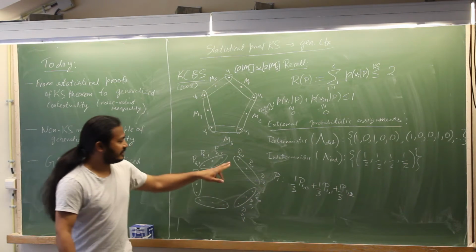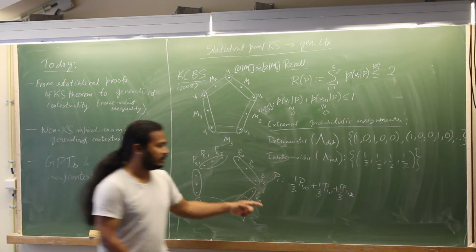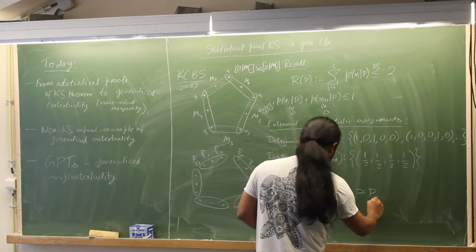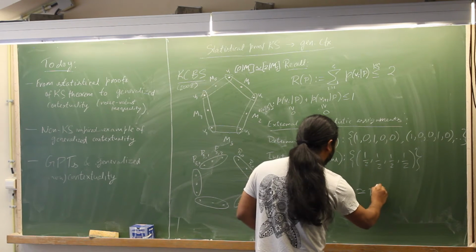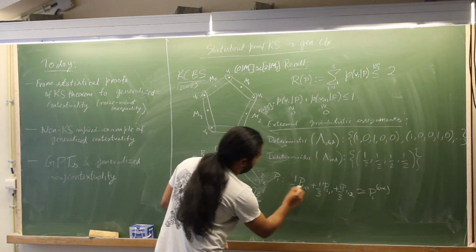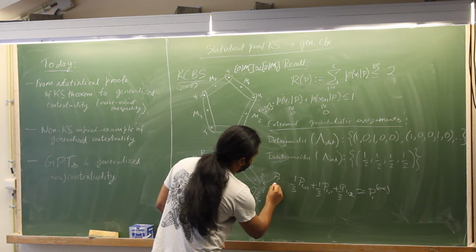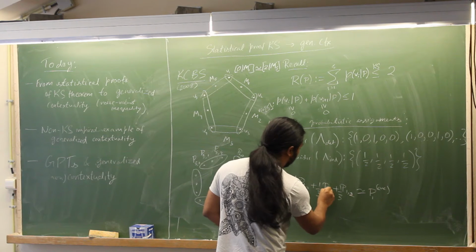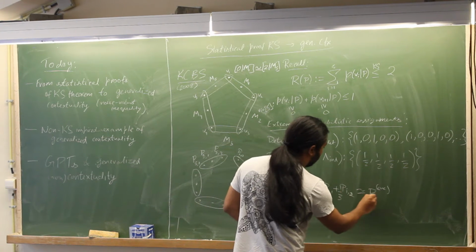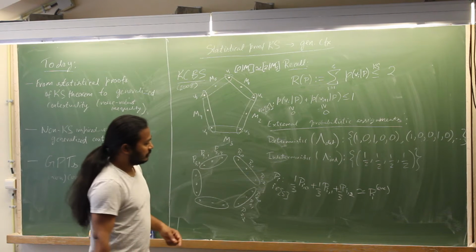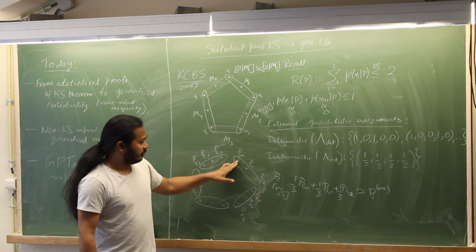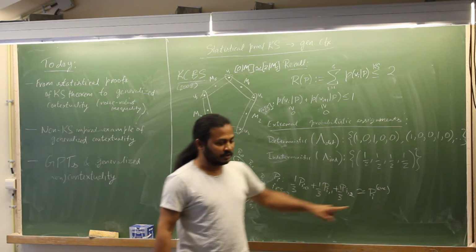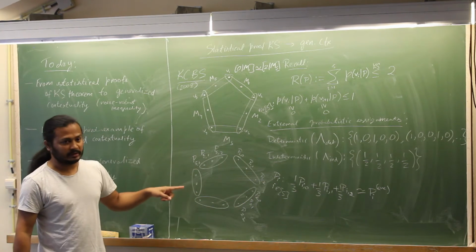You're uniformly mixing these 3 preparations, and that defines some average preparation that results from this ensemble. So P1 average, or let's make this Pi average, where i is 1 to 5. I'm uniformly randomly picking elements of this ensemble, mixing them and looking at the average preparation. I'm doing that for each of these 5 ensembles.